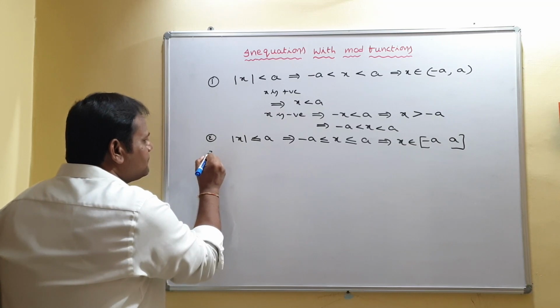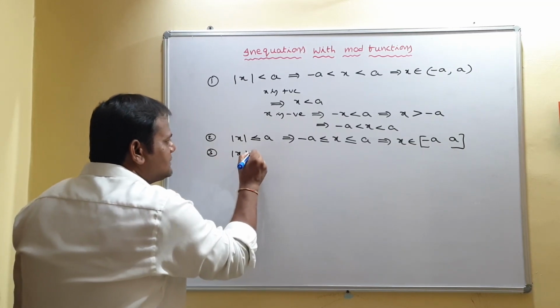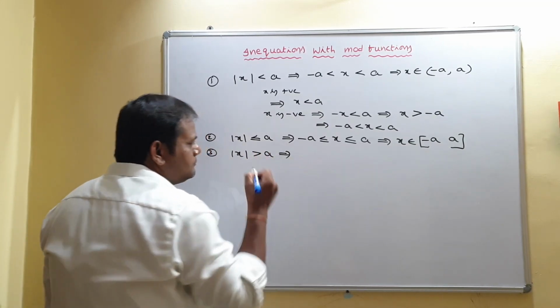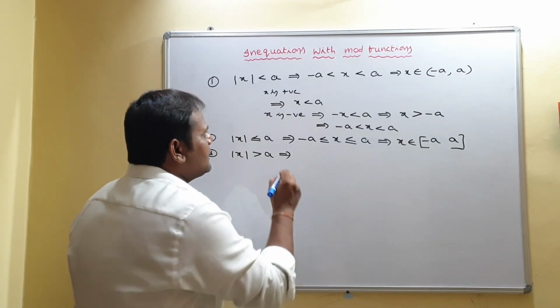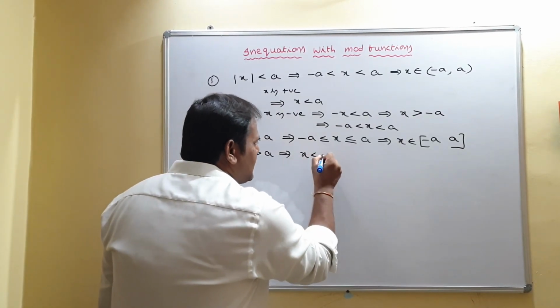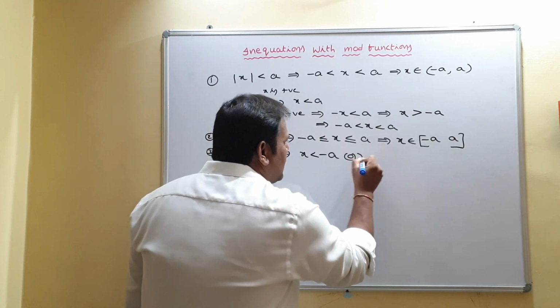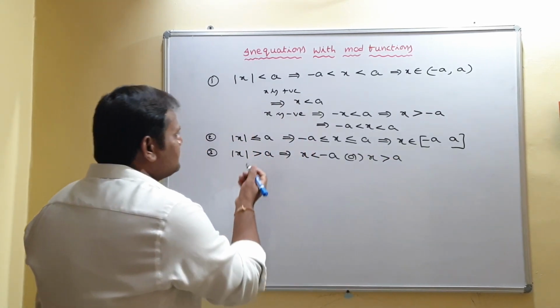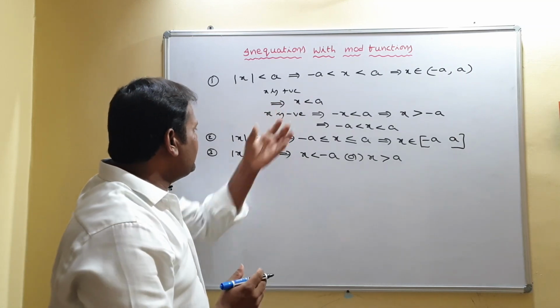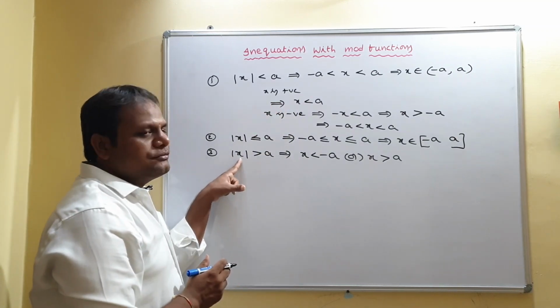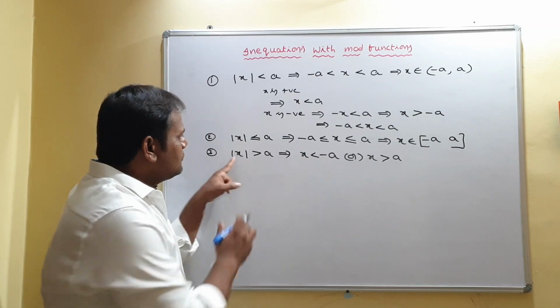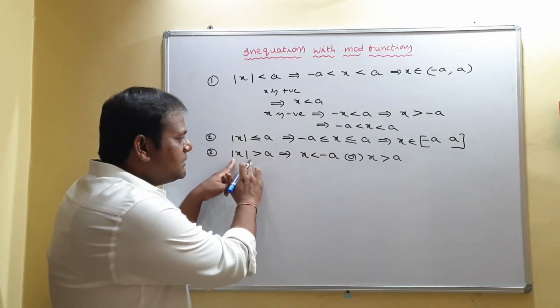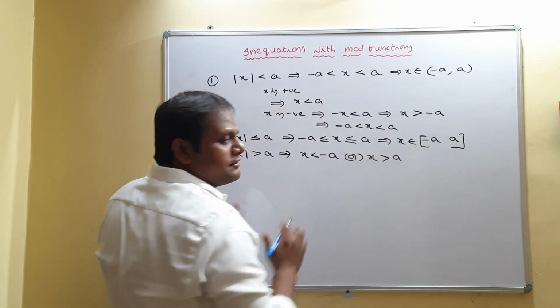Coming to the third one, if it is mod x greater than a, then mod x greater than a means x less than minus a or x greater than a. Same simplification here. Suppose x is positive, mod x is x, then you get x greater than a.